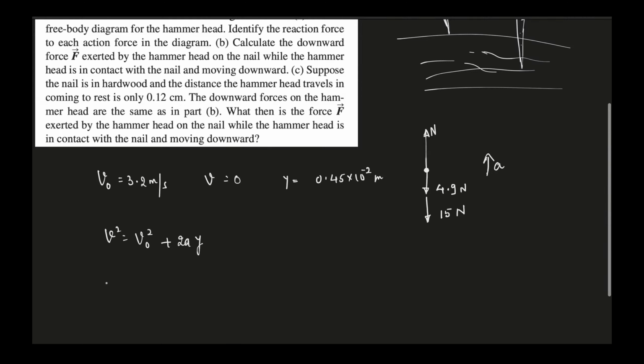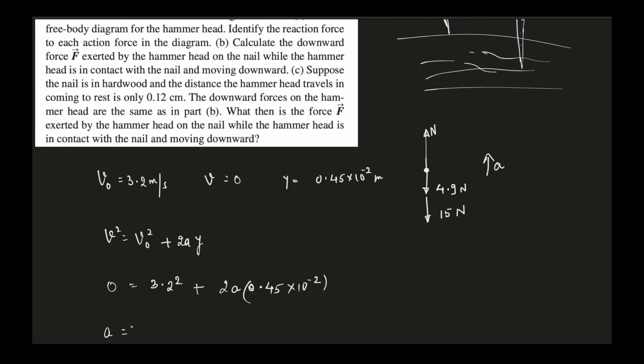So this will be 0 is equal to 3.2 square plus 2 into a into 0.45 into 10 power minus 2. Can somebody solve and give me the answer?